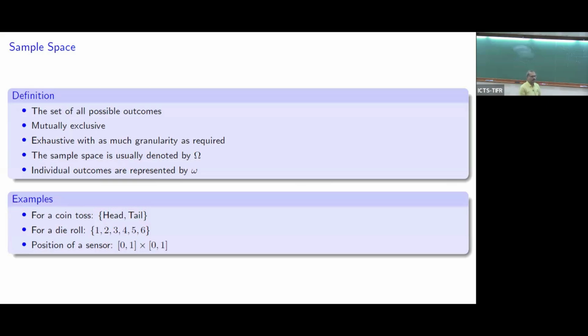So it's a random experiment. The possible outcomes are heads or tails. So head or tail is what is there in this sample space. There are only 2 points in this sample space, head and tail.